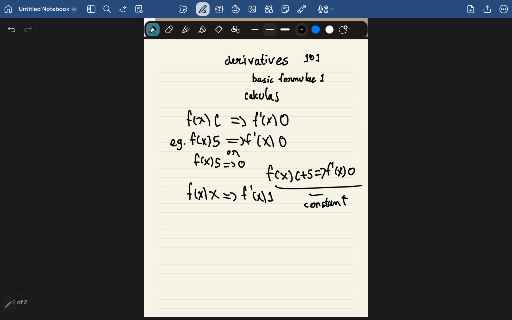Let me give you an example for this one: the derivative of phi is 1.